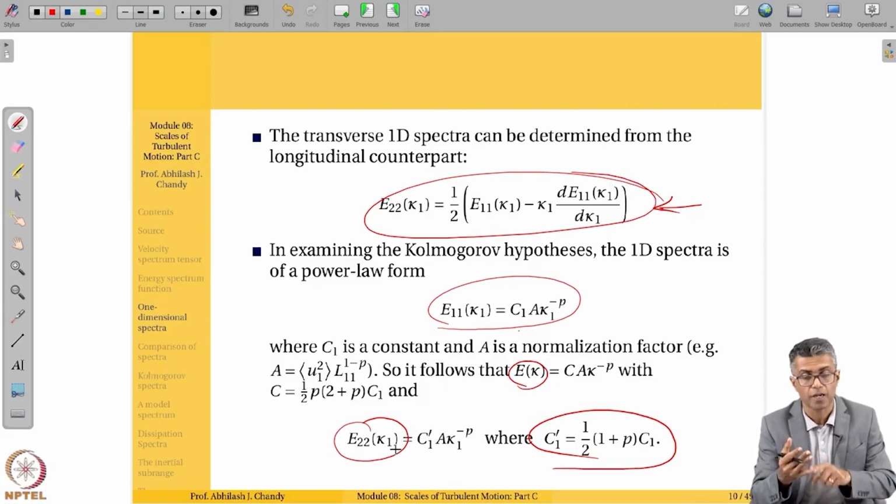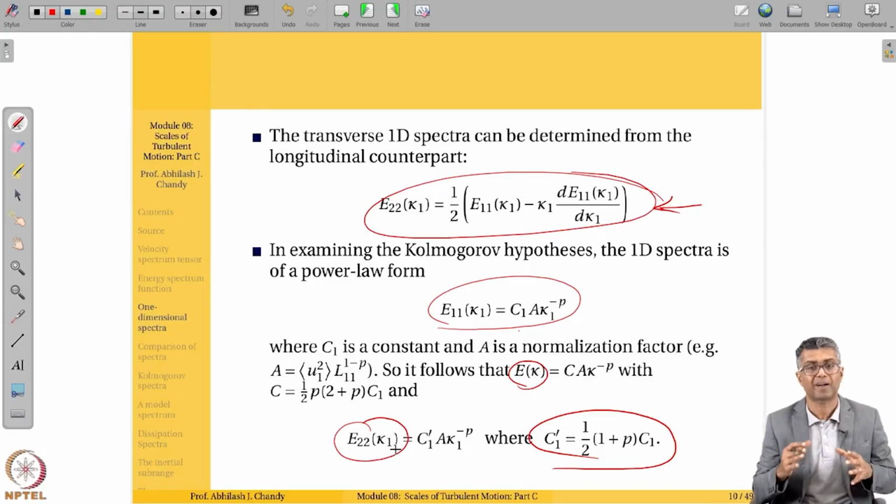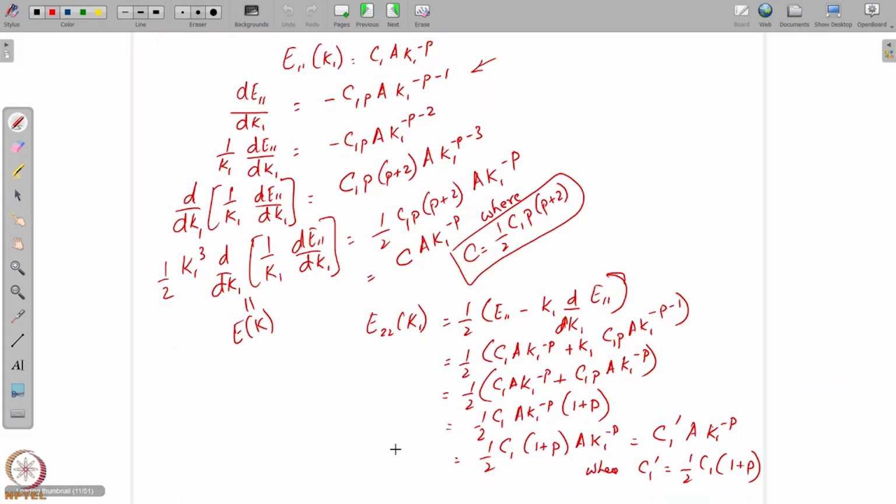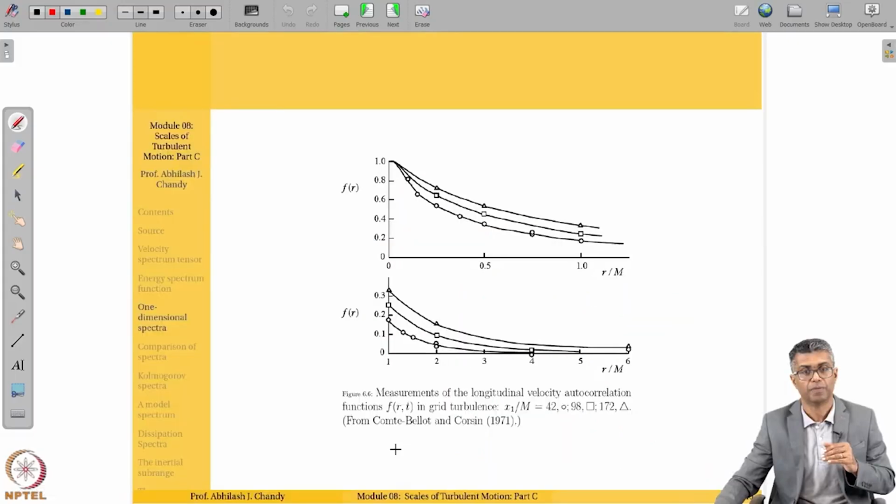All of E of K, E11 of K, E22 of K follow a kind of power law with P as the power. We haven't determined what P is going to be, but we'll come to that in a bit. A is some kind of normalization factor. Obviously their constants are slightly different, their normalization factors are slightly different, but essentially they have the same variation with wave number. That's what we are trying to say, and that is what we have derived here.